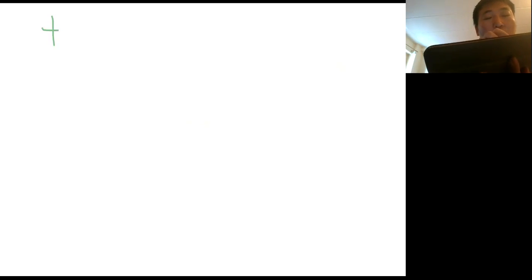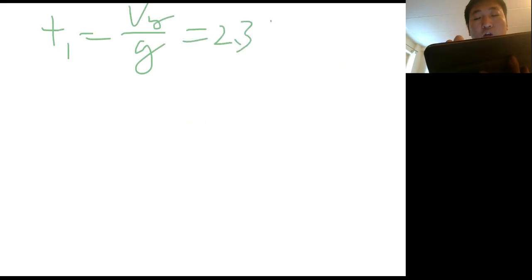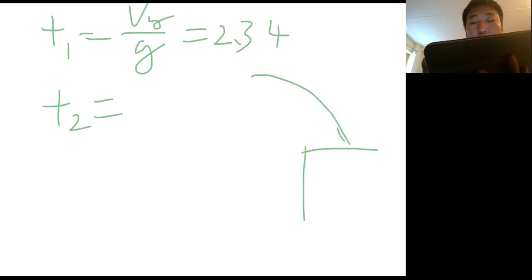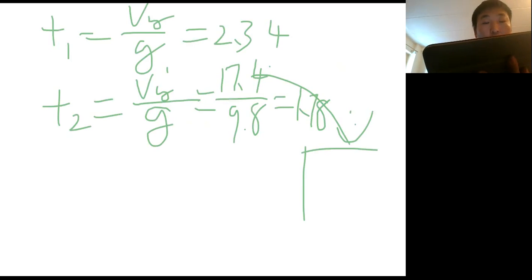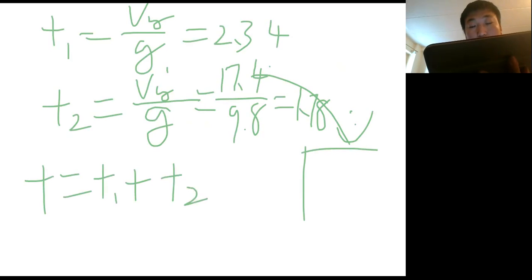Previously we got T1 as 2.34, and T2 we can easily get from the second motion, which is Vy dash minus 0 divided by g, equal to 17.4 divided by 9.8, that is 1.78. So T equals T1 plus T2, which leads to 2.34 plus 1.78, about 4.12 seconds.